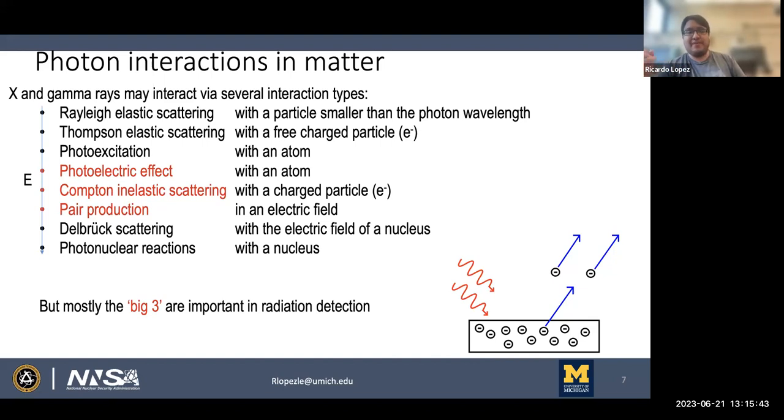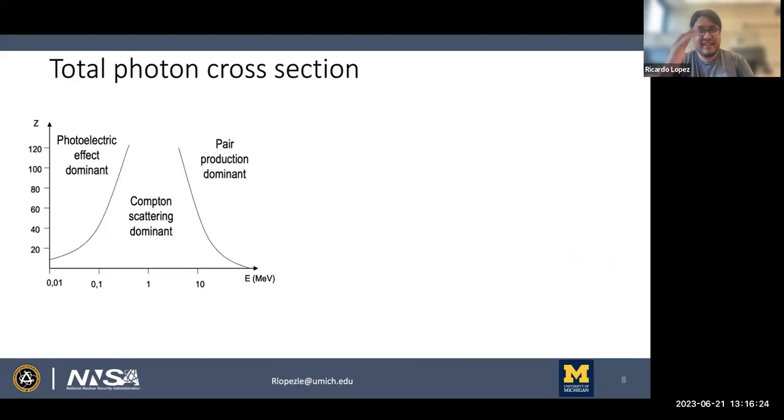They're the most important when it comes to radiation detection, because more often than not, it's one of these three that is actually being used by a lot of the common gamma ray detectors that you end up either seeing in the field or in labs. And so these being the photoelectric effect, the Compton scattering, or pair production. And while all the other ones that aren't highlighted in red are indeed noteworthy and have their own very specific uses for very specific applications or fields, just for the purpose of keeping this particular lecture fairly general, we'll just focus on these big three for now in terms of discussion with radiation detection.